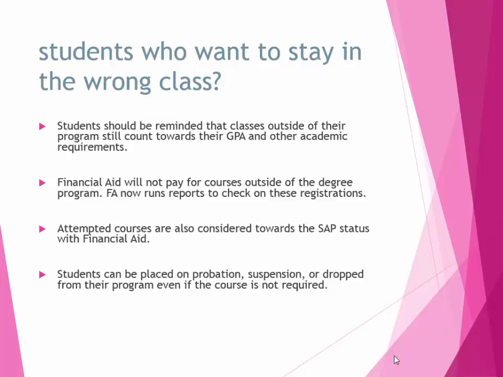If they fail a class, it can put them on probation even though the course is not part of their degree plan. It can impact their GPA. It can lead to them being suspended or dropped from the program. And with financial aid, even though it won't pay for the course, it still gets calculated into the SAP results. It still gets calculated into the 150% time frame period. So it still can impact them greatly, even in a scenario where financial aid doesn't want to pay for it, but I want to take it anyway.